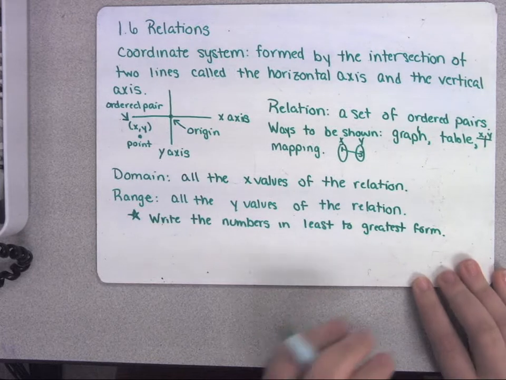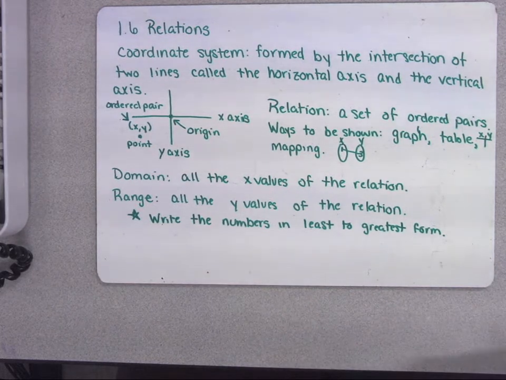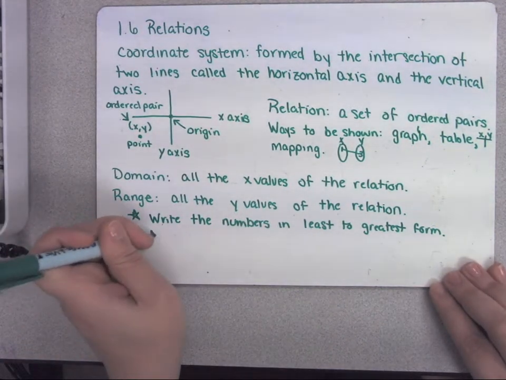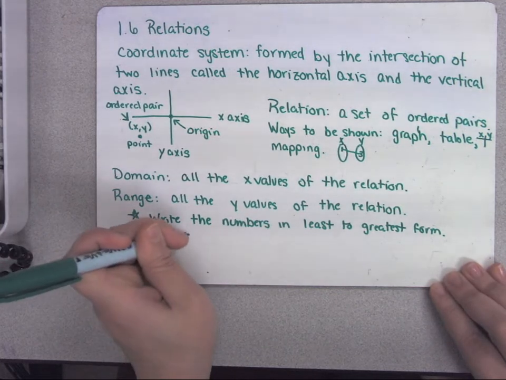All right, so we're just going to make a list. 1, 2, 52. The other really important thing is no repeats.